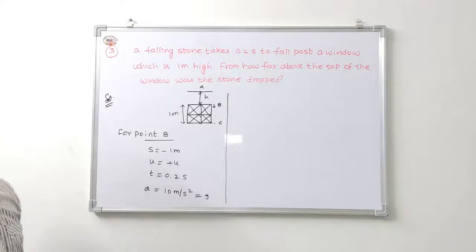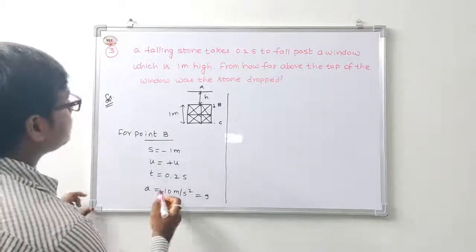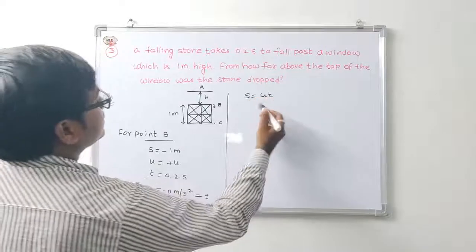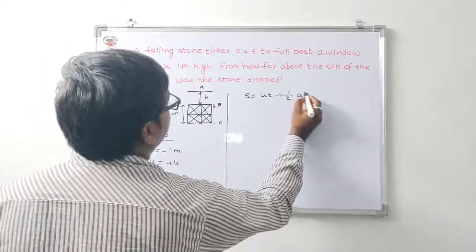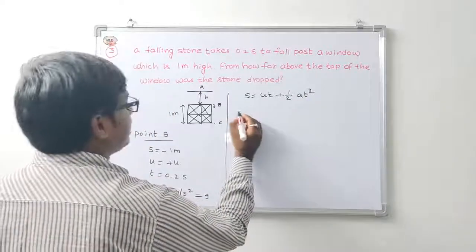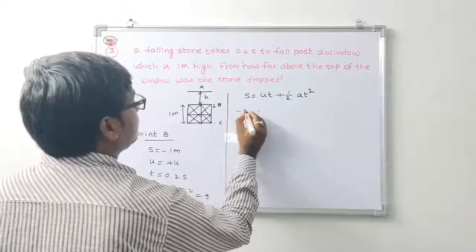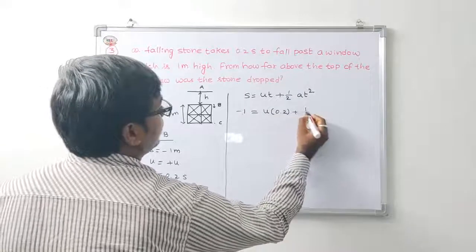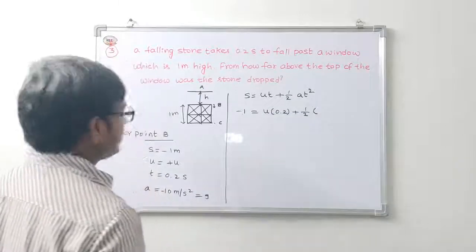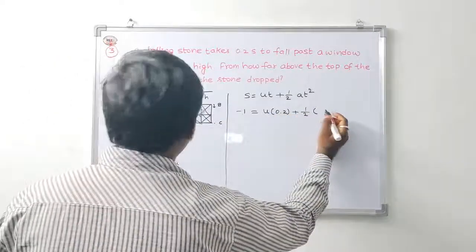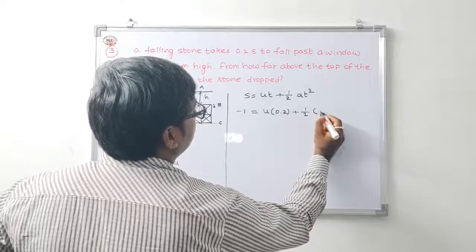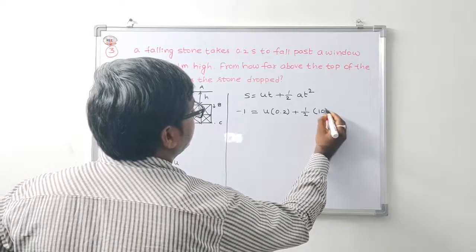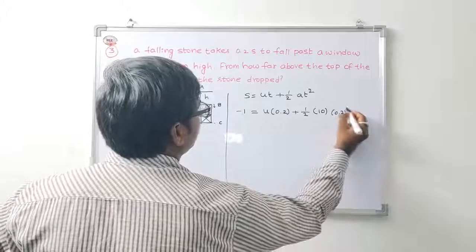By using the second equation of kinematics, s is equal to ut plus half at square. s is minus 1, so minus 1 is equal to u into 0.2 plus 1 by 2 into a, which is 10, into t square, 0.2 whole square.